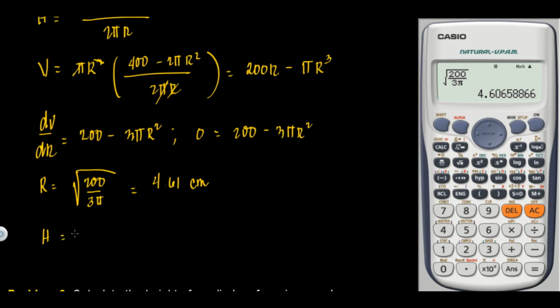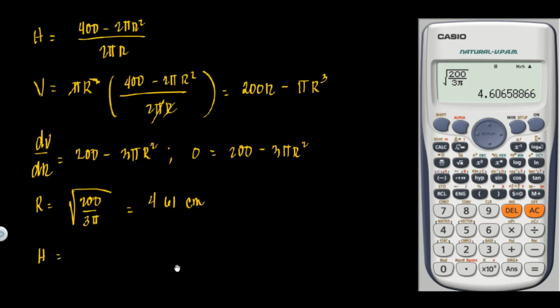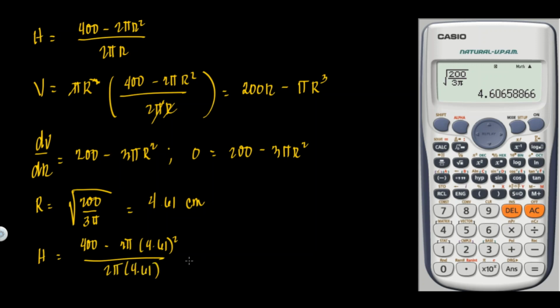So, h is 400 minus 2 pi times 4.61 squared over 2 pi times 4.61. So, this is equal to, okay, this is our value, 4.61. So, let's store this in A.